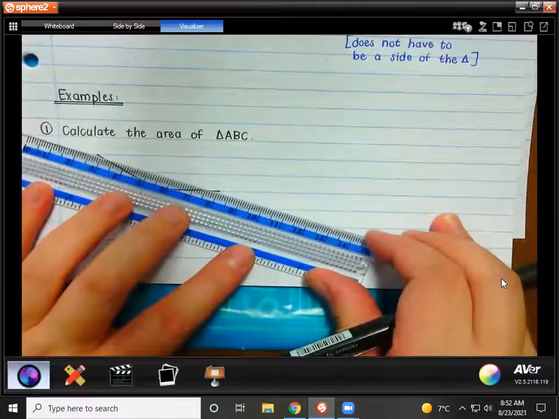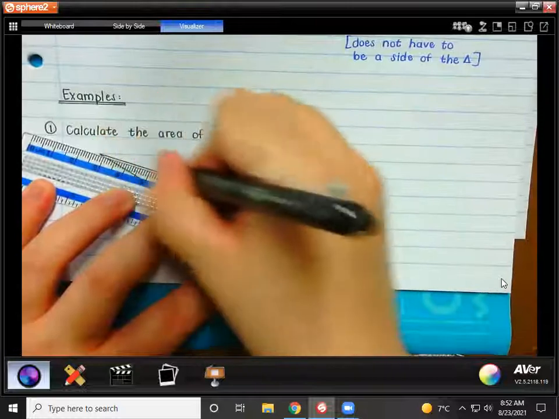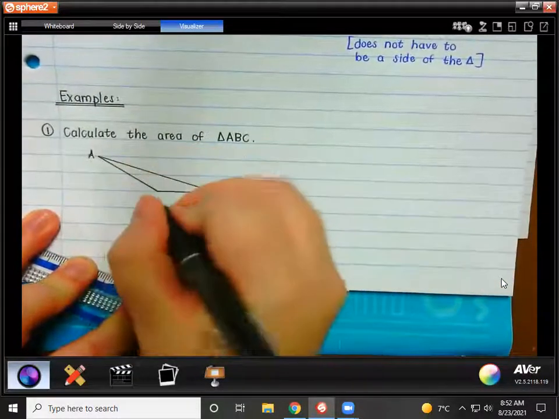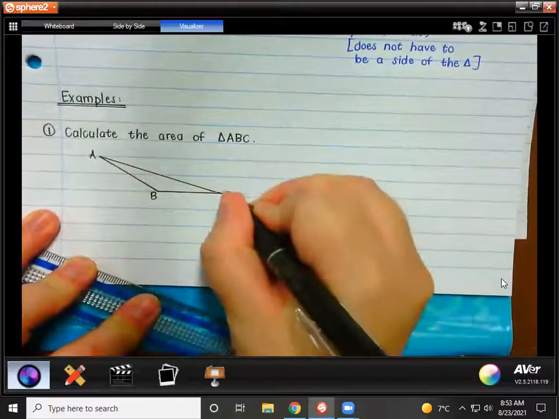So we're just going to practice actually finding that area. So that is the triangle A, B, C.